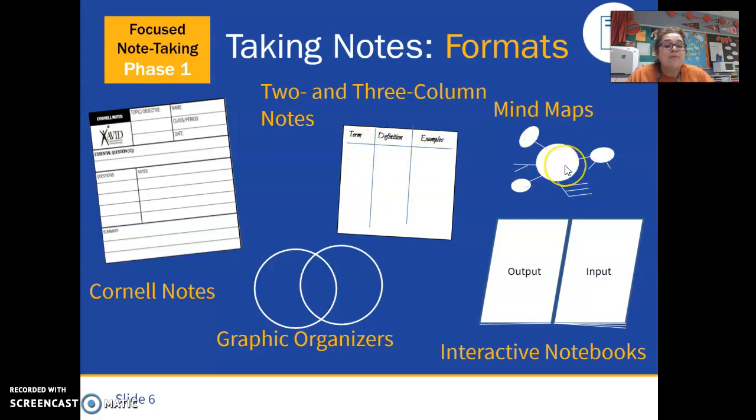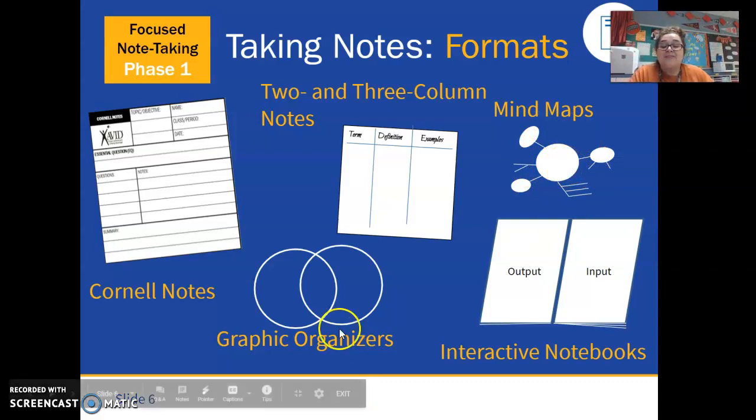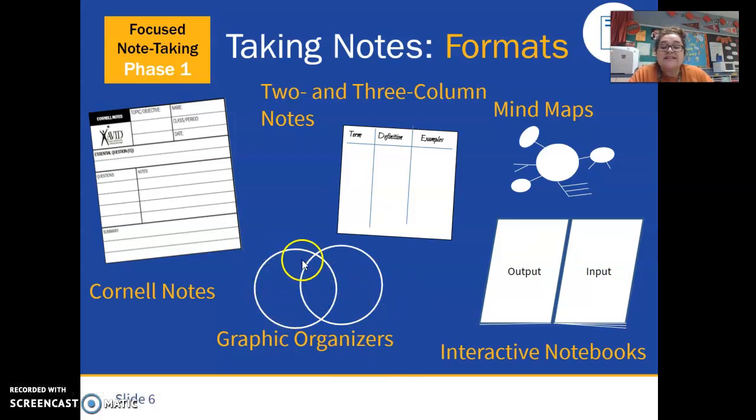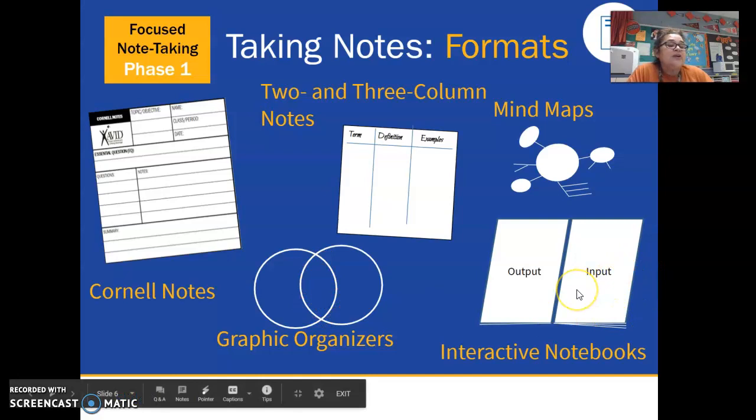The mind map, remember when you start in the center and you branch out, then we have different graphic organizers. Like this is our double bubble map where everything that's different is on the outside, everything that's the same is in the middle. And then even interactive notebooks where you have your output and input.